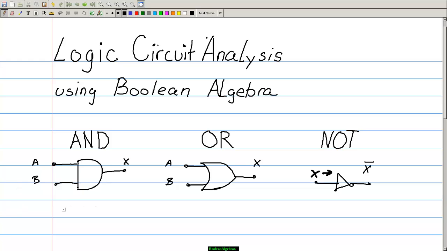If you recall, the output X for an AND gate in Boolean algebra is written X is equal to A and B. And for the OR gate, X is equal to A or B. And for the NOT gate, which is a single input device that acts on a single variable, X will equal X not. So it's the opposite. It inverts the input variable.